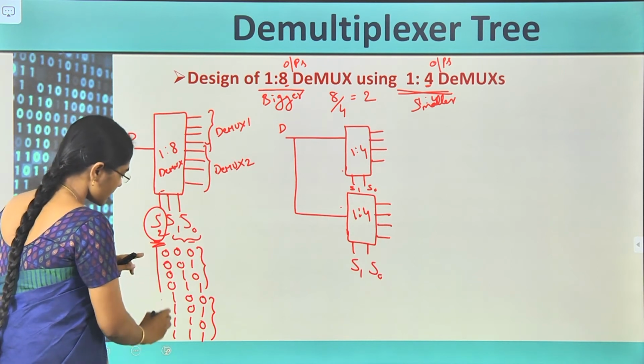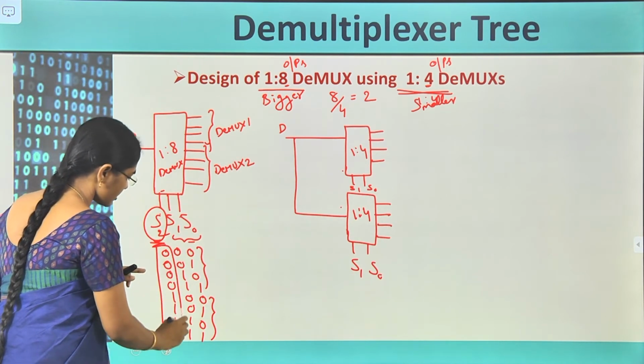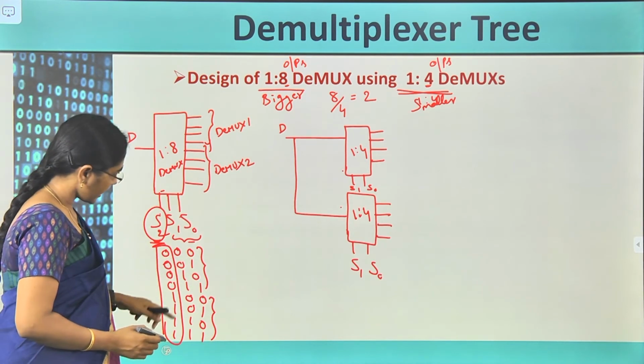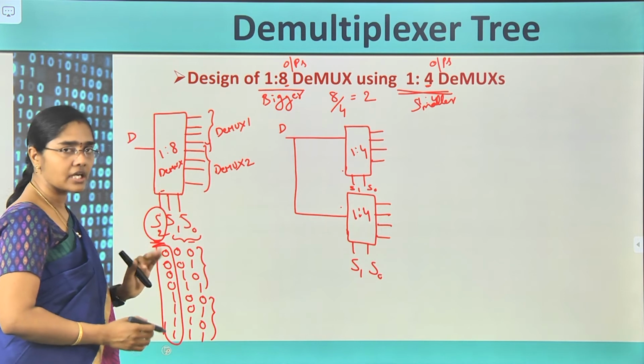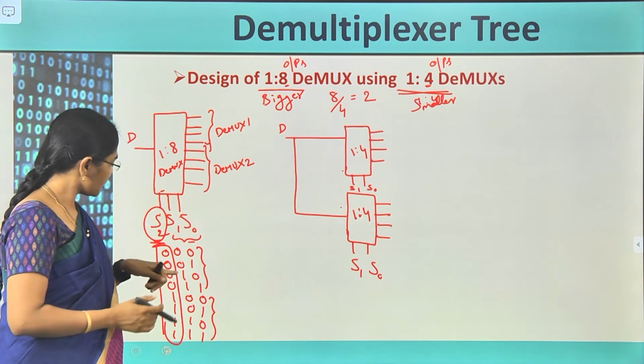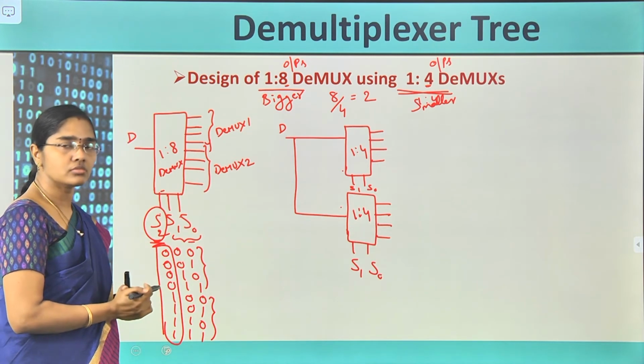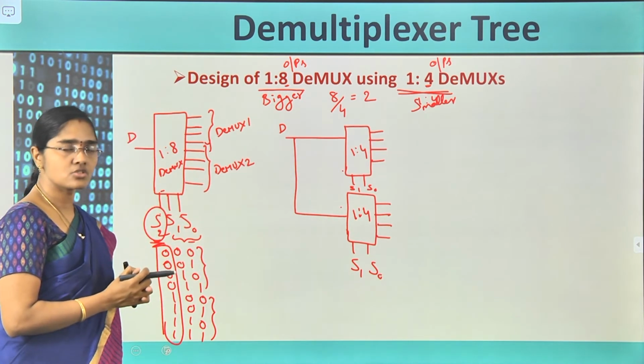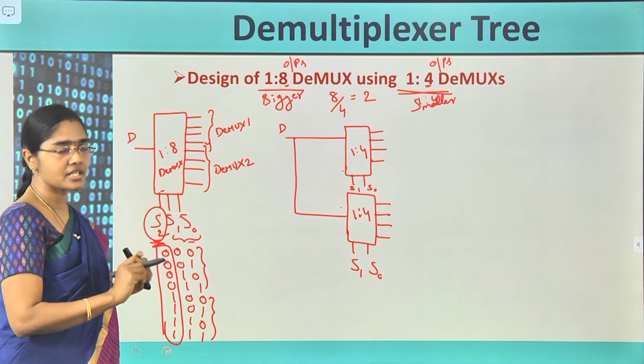Now observe S2: for the first 4 combinations its value is 0, and for the next 4 combinations its value is 1. So use the S2 line as an enable signal for these two demultiplexers to select one demultiplexer at a time.